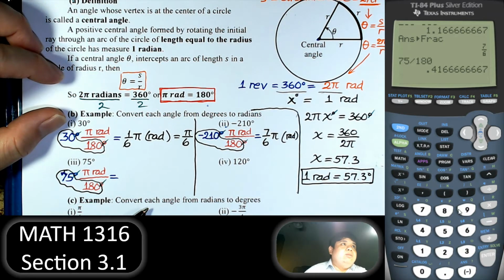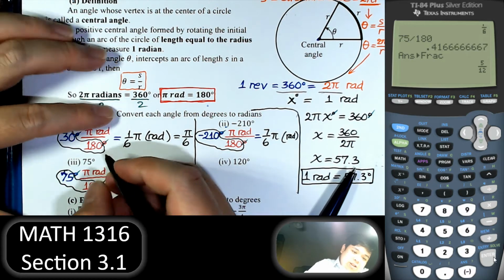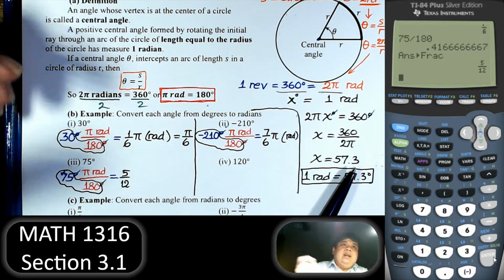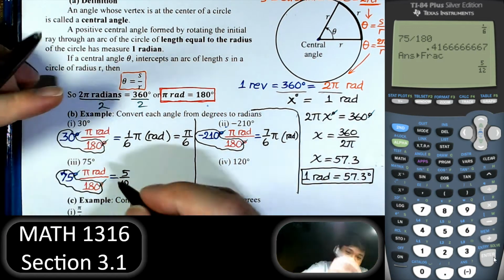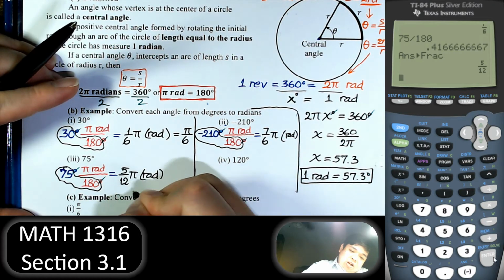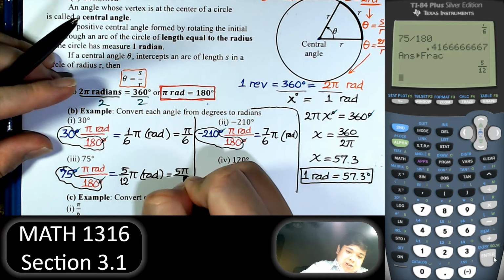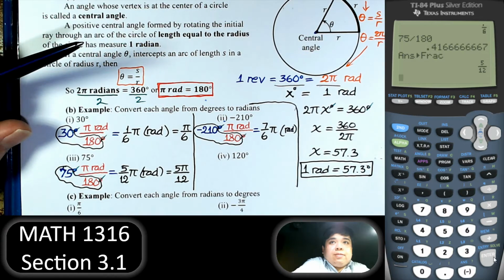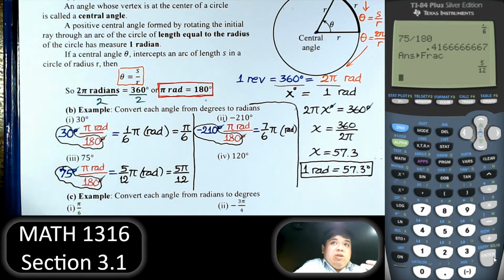Convert to fraction: 5 over 12. And then don't forget there's a pi radian. Or we could just drop the radian, because radian is the type of unit where we can put it in or take it out.